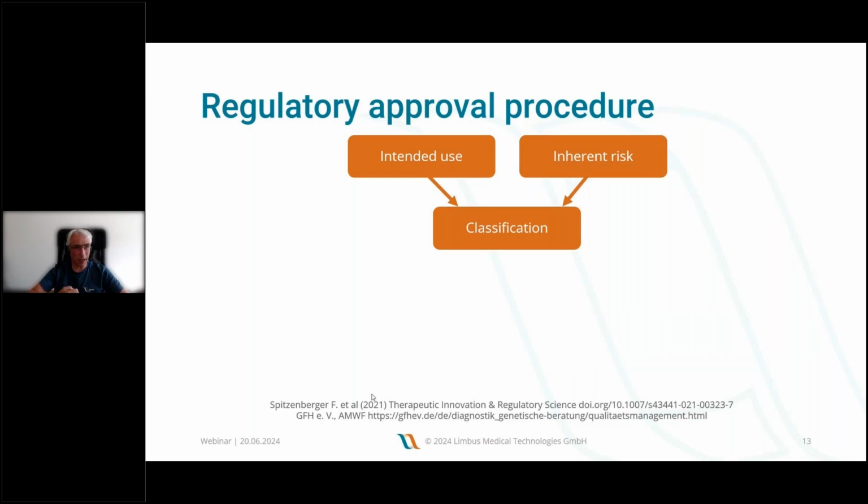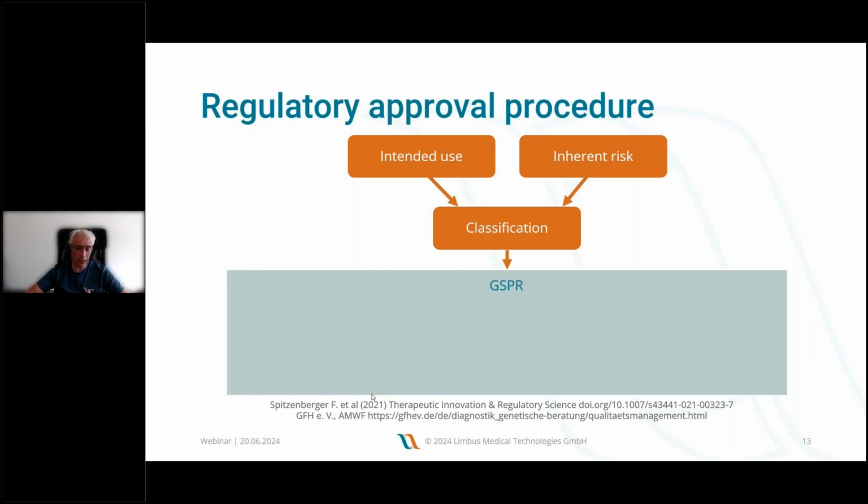Even though there are no specific requirements in IVDR that in-house tests should be classified, it makes sense to perform this classification because it may actually make your life easier in many aspects. From this classification, you determine to what extent and to what level of detail you need to document how you comply with the general safety and performance requirements.